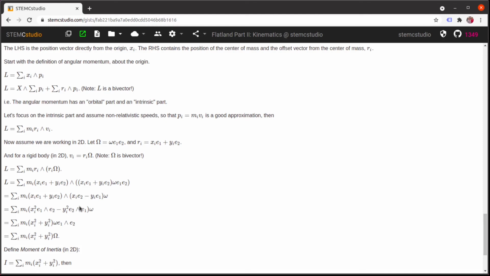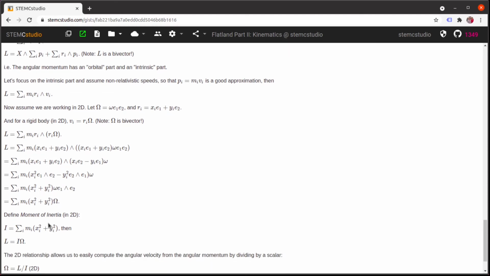So we can flip the order of those and then factor that out as well. So we've got omega e1 wedge e2 xi squared plus yi squared. And this omega e1 wedge e2 is just omega because e1 wedge e2 is actually the same as e1 times e2 because e1 is orthogonal to e2. e1 dot e2 equals 0. So we can put omega here.